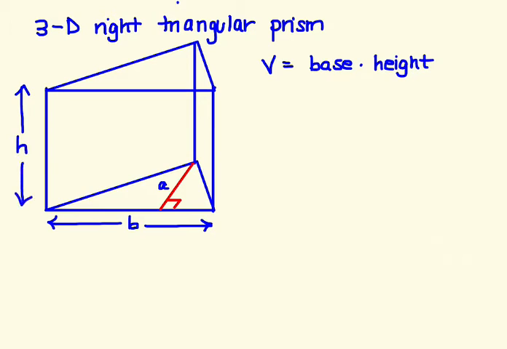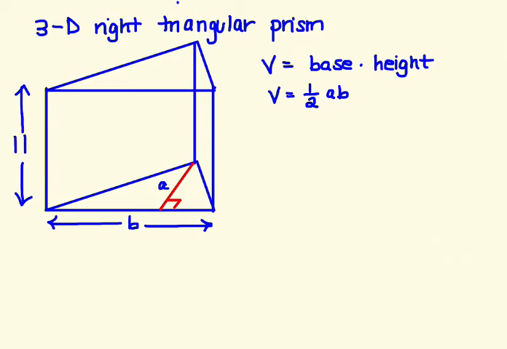So finding the volume for this, we have to take the surface area of the base, which is 1/2 the triangle's base times height, which is AB, multiplied by the height. Let's call this a capital H instead of a lowercase h.